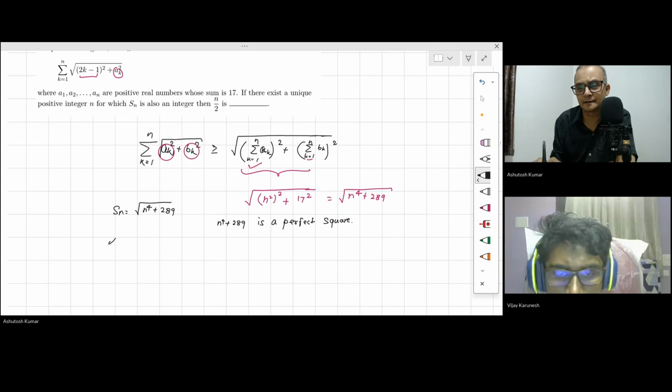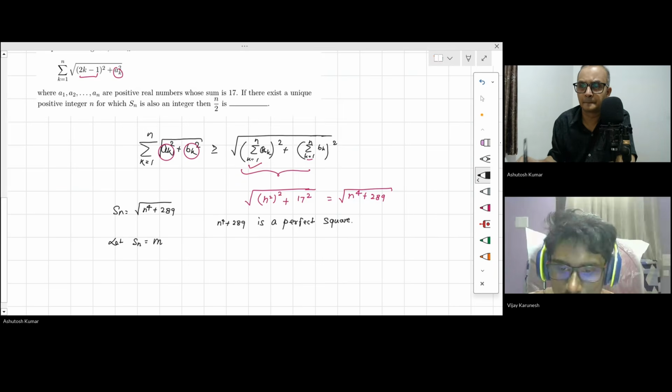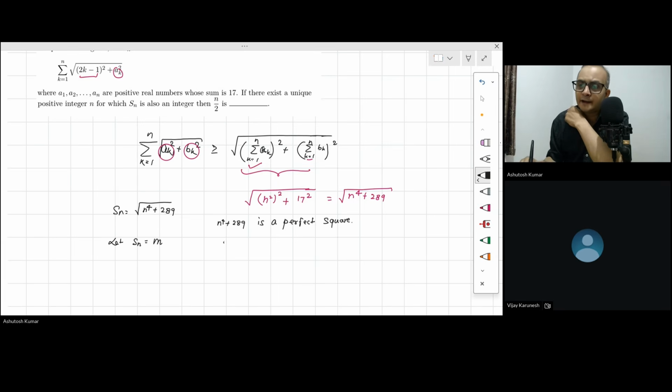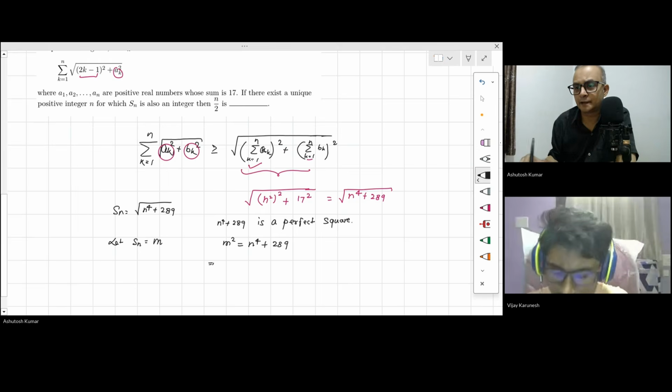Let Sn in that case be some number m. Can I write that m square is equal to n to the power 4 plus 289? Yes, sir. And so I can write m square minus n to the power 4 is equal to 289.